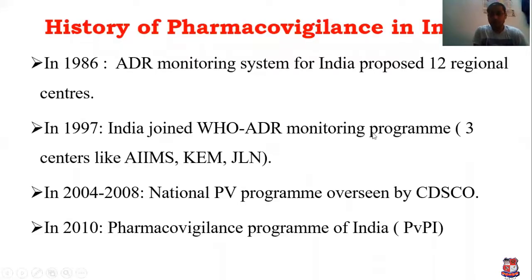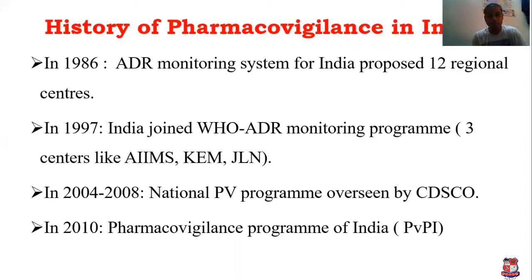Another thing we are going to cover is the history of pharmacovigilance in India. What is the history of pharmacovigilance in India? First, pharmacovigilance was launched in India in 1986. An adverse drug reaction monitoring system for India was proposed, and 12 regional centers were developed in 1987. Then in 1997, India joined the WHO ADR monitoring program, and ADR centers were developed at three main hospitals in India: AIIMS, KEM, and JLN.